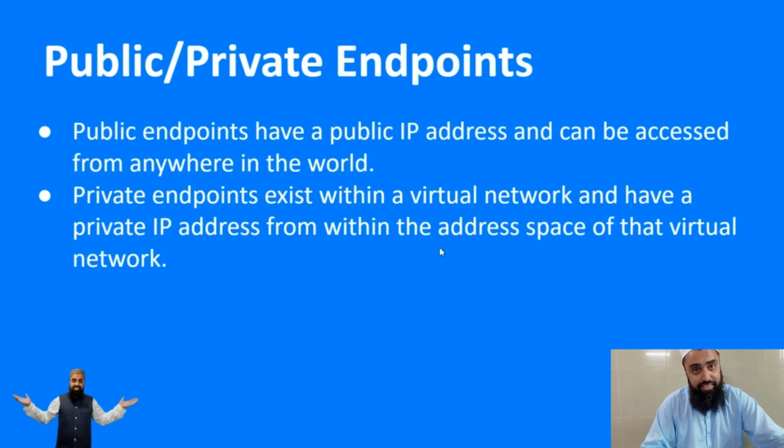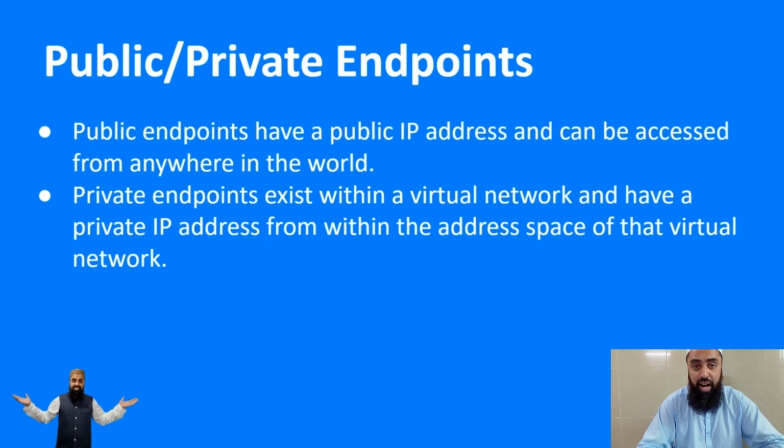Yes, and that's how it is possible, with public and private endpoints. As the name says, public endpoints are publicly available, and private endpoints are privately accessible. Public endpoints have a public IP address and can be accessed from anywhere in the world. Now, guys, there is no doubt about that. If it is a public IP, what does this mean? It means that this public IP can be accessed from anywhere in the world.